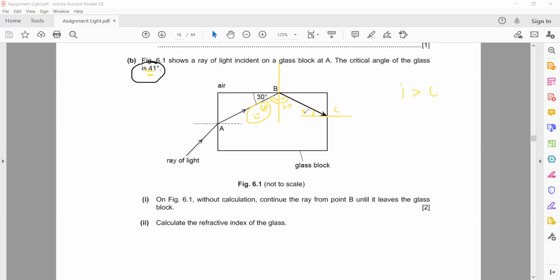So at this point, the angle of incidence at point B: what happened at B? The angle of incidence was 60, which is more than the critical angle.